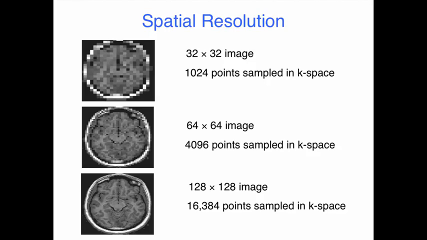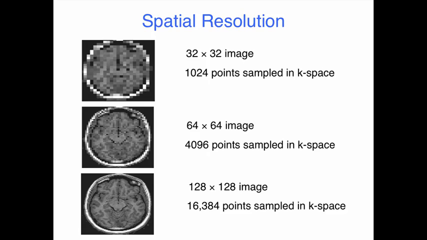You can see that when you look at the following plot. This shows you different spatial resolutions of the same image. Let's say that we wanted to reconstruct a 32 by 32 image. Then we typically want to sample about 1,024 points in K-space, roughly. And then we would get an image like the one here at the top left.